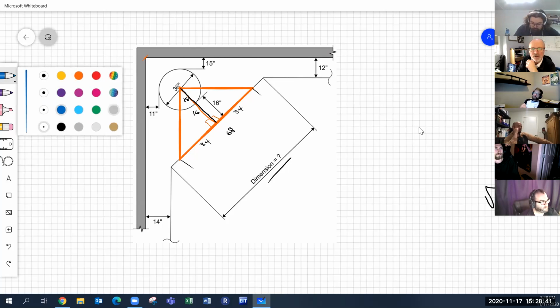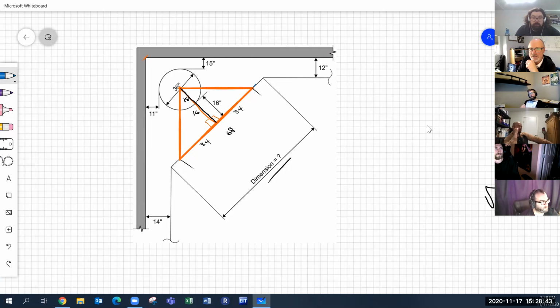I just have to now solve for this piece right in here. And I'll do that by drawing a small right angle 45-degree triangle in this location. Now I need to get the measurement from the line to the wall. I take 18 and I add 15, so this measurement is 33.